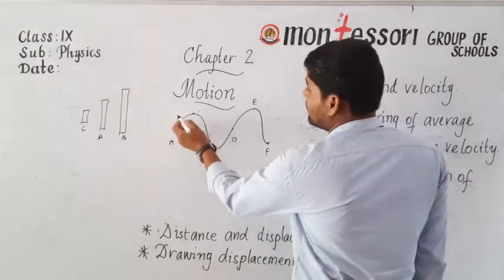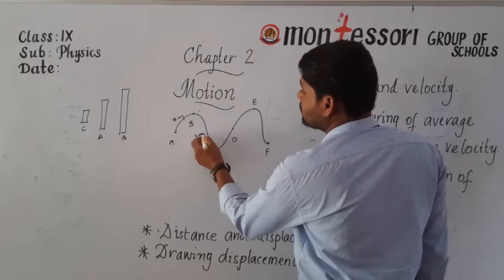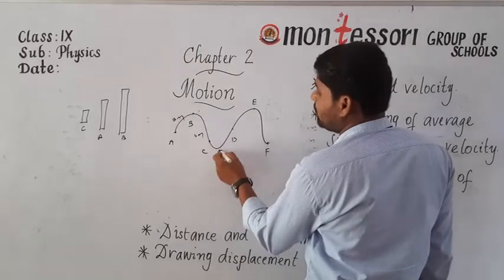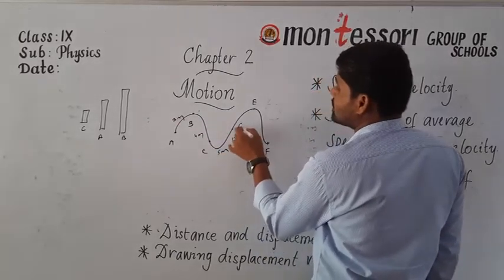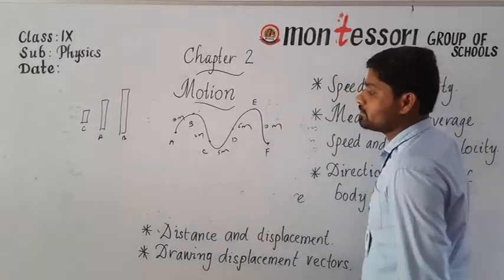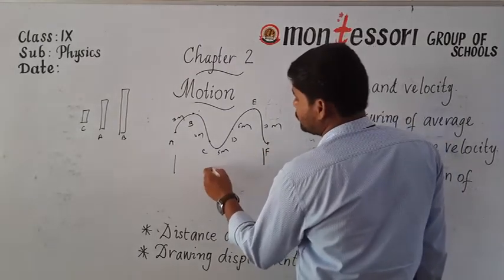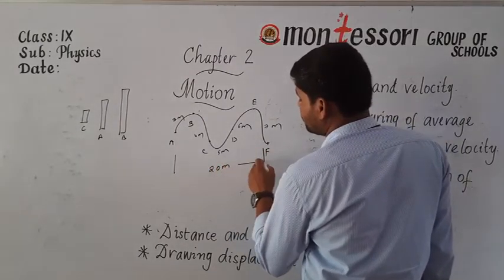The total length. For example, A to B is 3 meters, B to C is 4 meters, C to D is 5 meters, D to E is 6 meters, E to F is 7 meters. And the total from A to F is 20 meters.